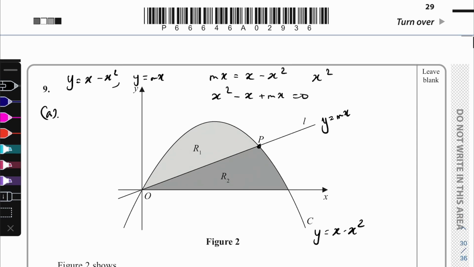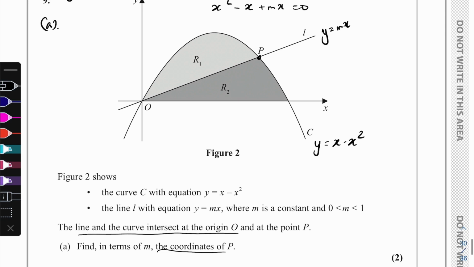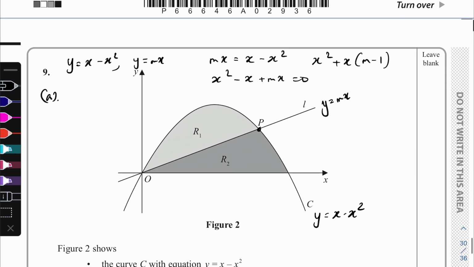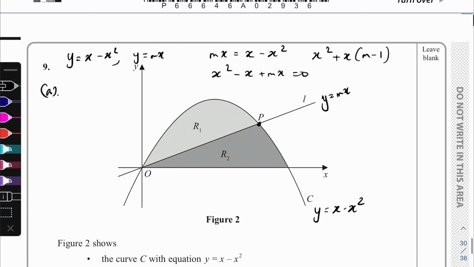Let's take x squared minus x, and minus x plus mx, we take minus 1 plus m, equals 0. So now we can take x again. This becomes x plus m minus 1 equals 0.